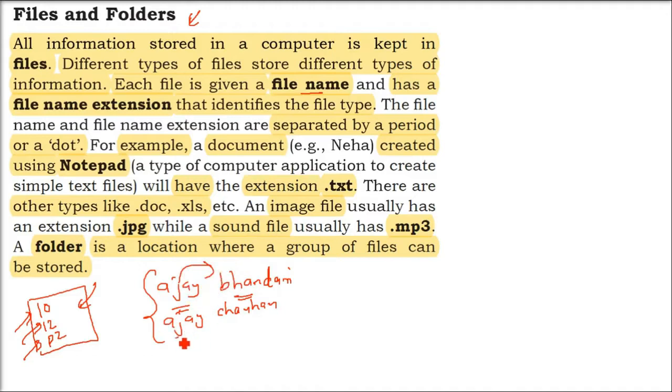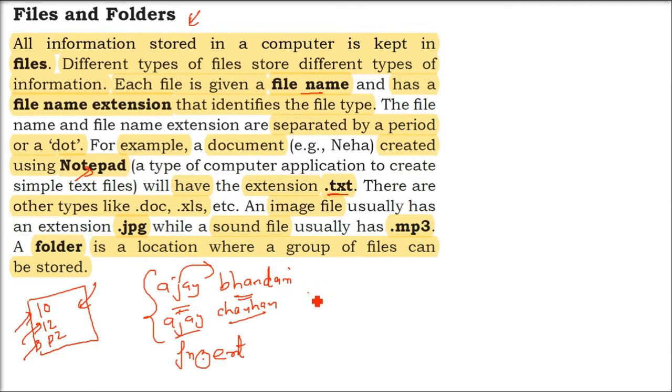Ajay Bhandari will identify the actual person. Ajay Chauhan will be the other person. Similarly, the file name is the name and the extension is the type, separated by a dot or a period. For example, if you just want to write something, you need just a text file. Every software deals with different kinds of files.